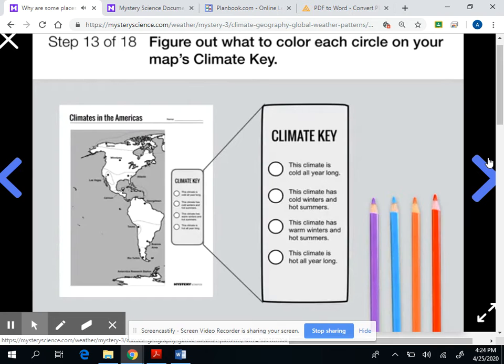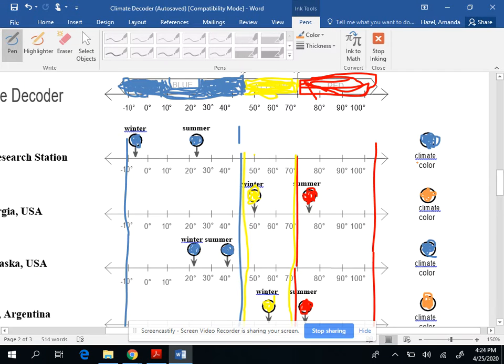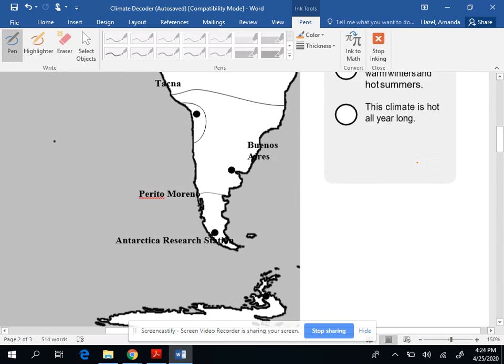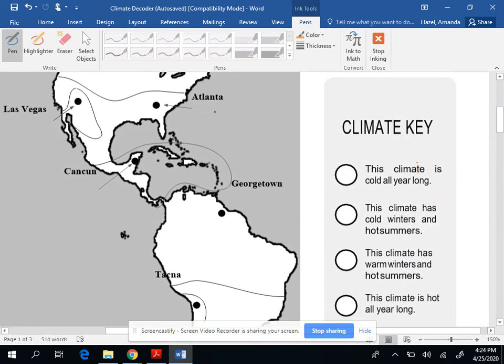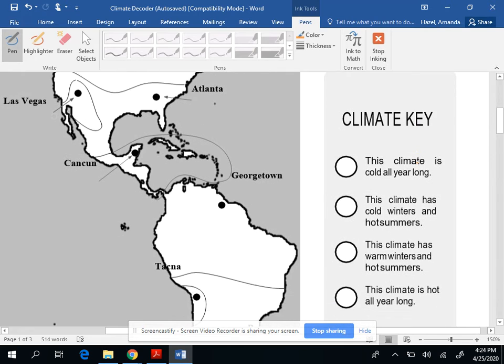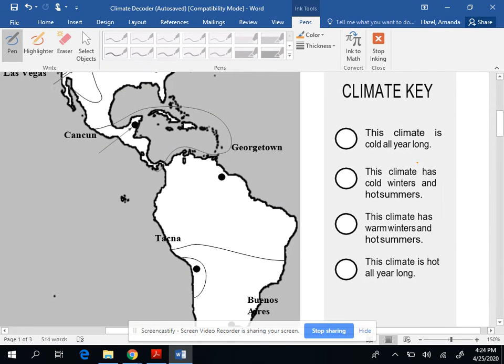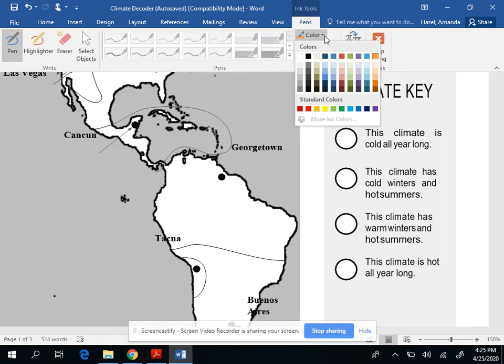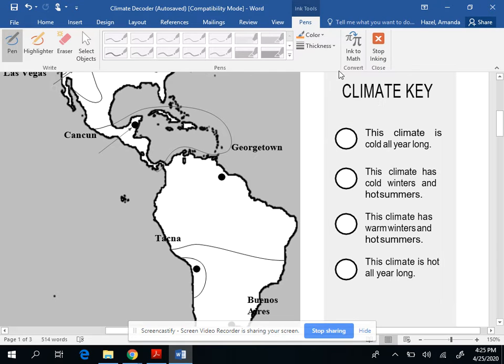Work with your partner to figure out what to color each circle on your map's climate key. Okay, so now I go up where the map is. Alright, so if the climate is cold all year long, what color should we color that? Yeah, blue. If the climate has cold winters and hot summers, what do we think?